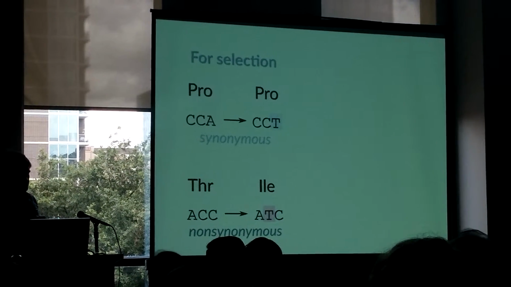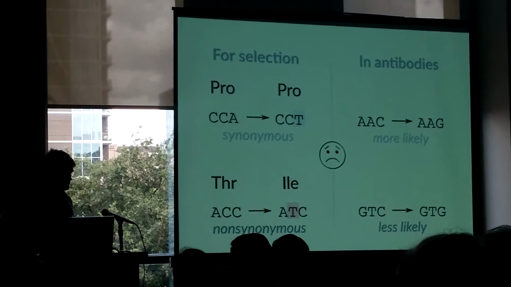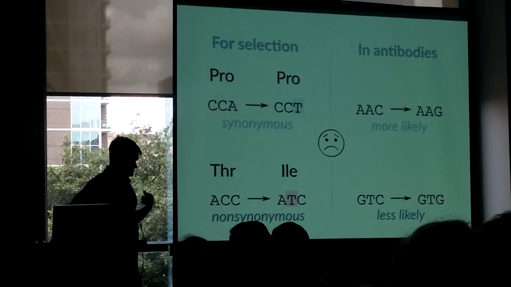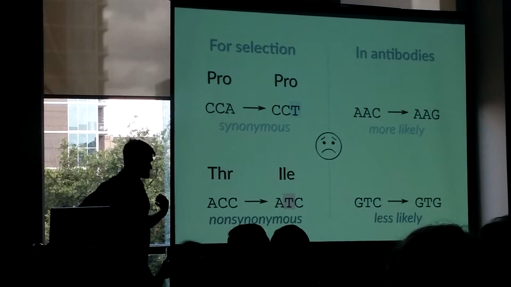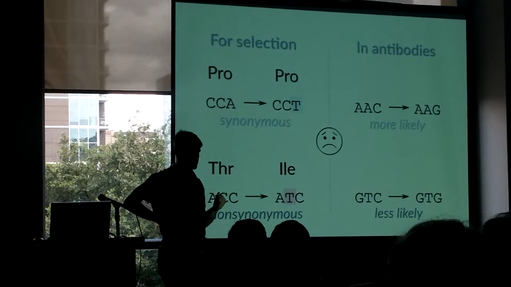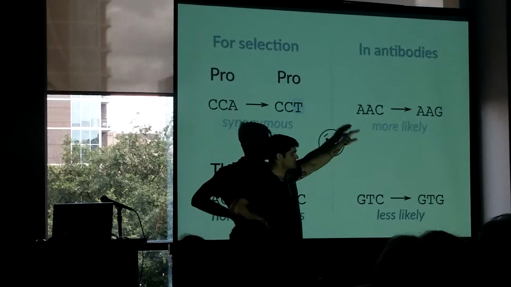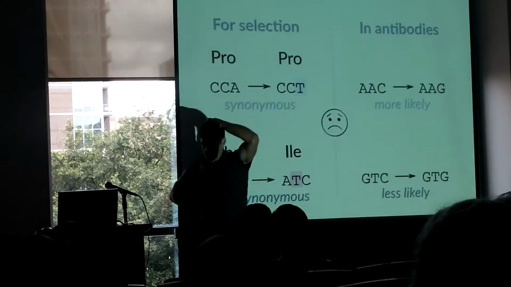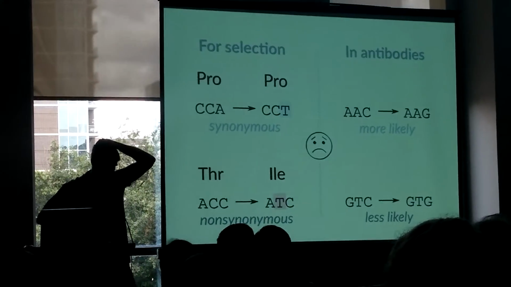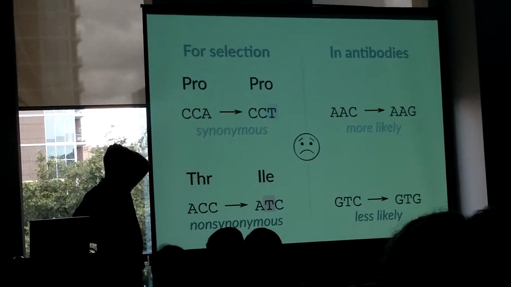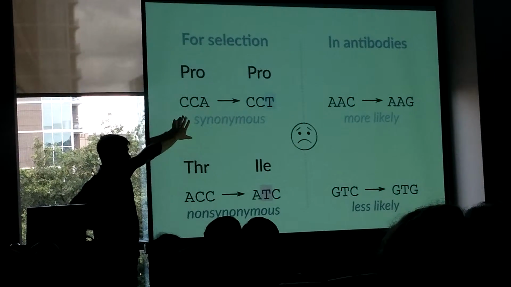This is made a little bit trickier by the fact that in antibodies, because of this mutating enzyme, there are certain types of mutations that are more likely than others. For instance, there are certain biases in terms of the context. So this interacts in a complicated way with this process.